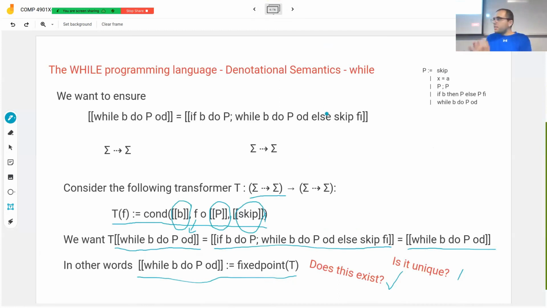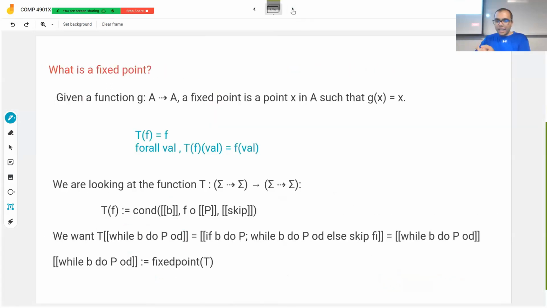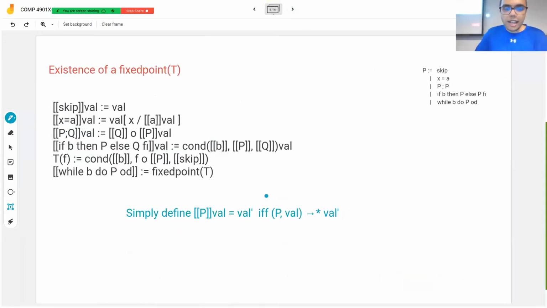Okay. Now I have this denotational semantics, and I want to prove that my denotational semantics makes sense. I want to prove that because I'm using fixed point here, this fixed point exists, and I want to prove that hopefully it's unique. Okay. Now, what do I do? To prove the existence, I say, okay, you have this denotational semantics here.